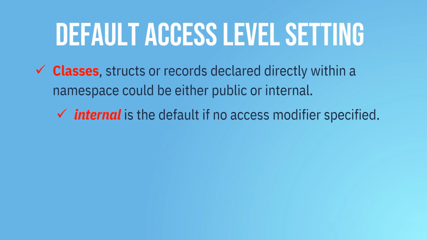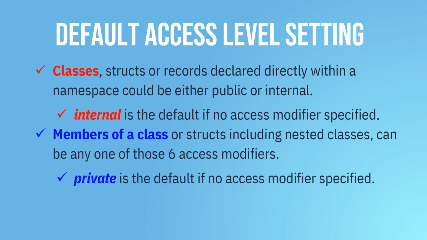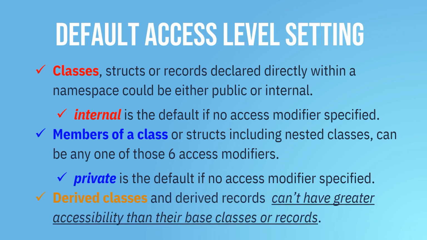So, to sum up, classes declared directly within a namespace could be either public or internal, and internal is the default if no access modifier is specified. Members of a class could be any of those six access modifiers, but private is the default if no access modifier is specified. And a derived class cannot have greater accessibility than its base class.